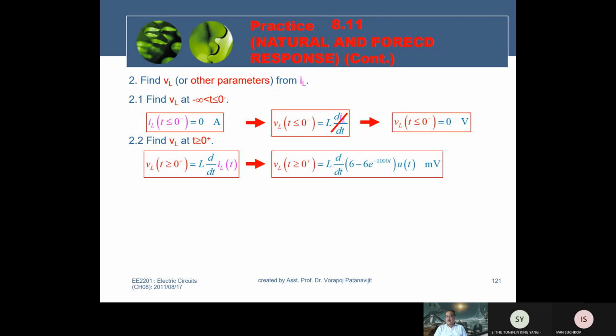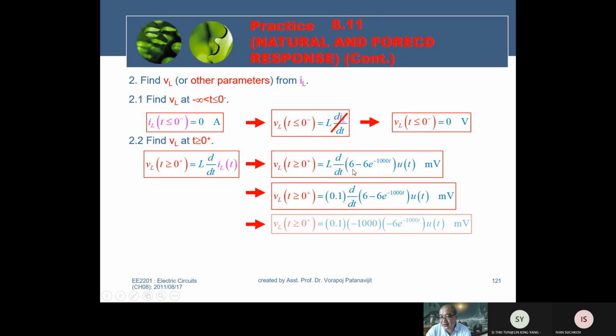You know IL equals 6 minus 6 e power minus 1000 t. Take the derivative of the first constant 6, that gives you 0. Take the derivative of the other one, and you get 0.5 in here. After that, you substitute the multiplication, and that provides you this.